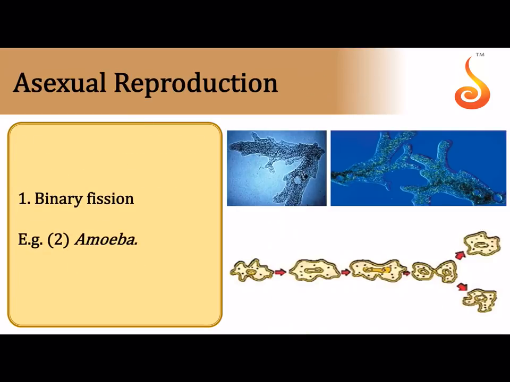Where else would we see binary fission? There is another example for binary fission, which is in the case of unicellular eukaryotes. Now, unicellular eukaryotes like amoeba are protozoa that are put under kingdom Protista. So, even in amoeba, which is the most famous unicellular eukaryote, the earliest eukaryote belonging to division protozoa, kingdom Protista, isn't it?